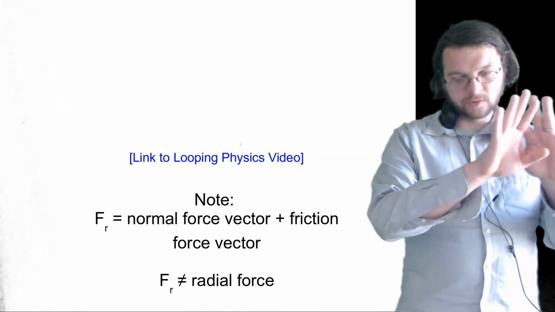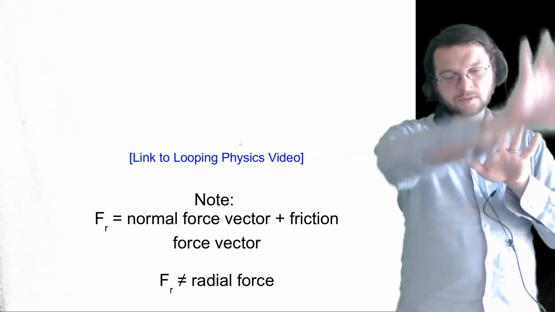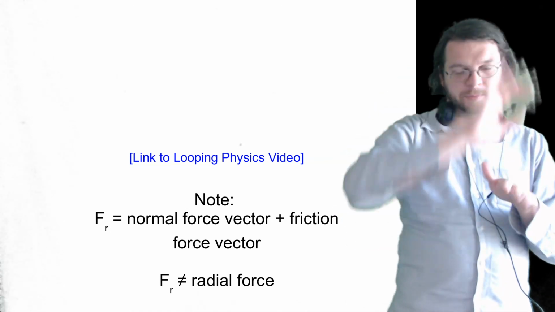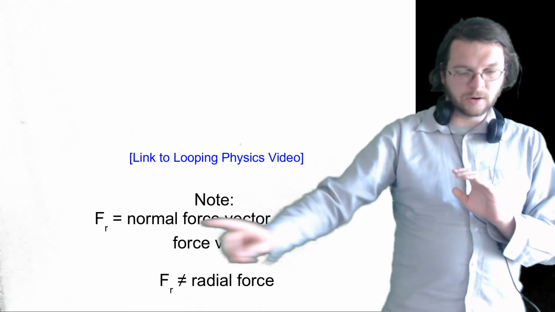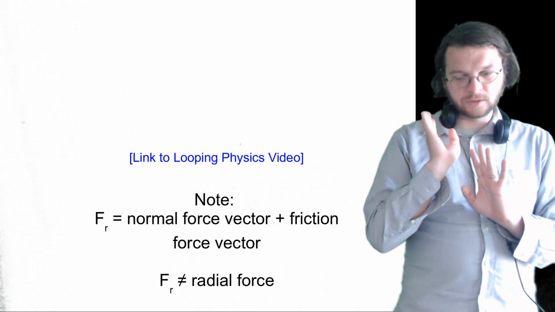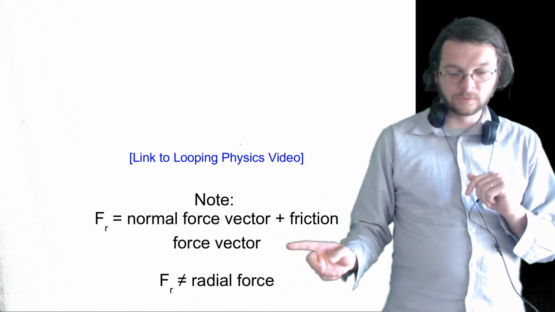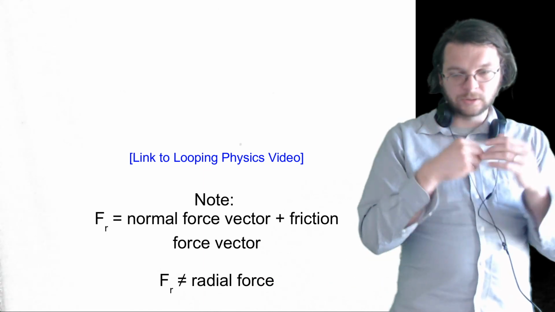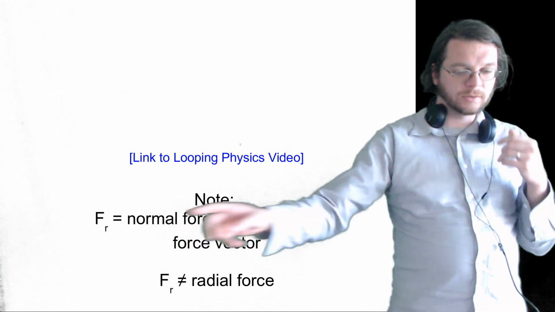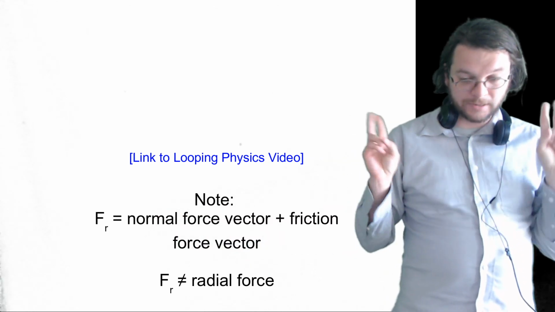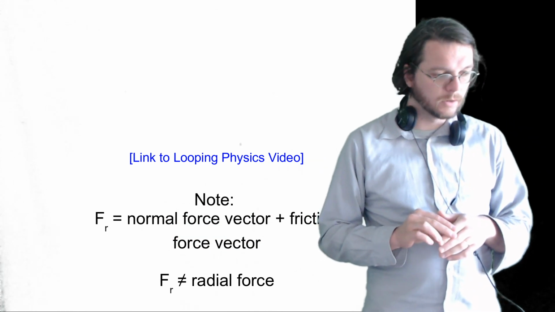So as the thing is going up the ramp, the wheels are pushing against the road, and so the road is helping the car go up the ramp, and so this F sub r that's illustrated in the diagram sort of goes more upwards than you might expect if it was just a radial force, the force towards the center of that circle. So anyway, that's the disclaimer. So F sub r is effectively more of a net force than a radial force, is what I'm trying to say.